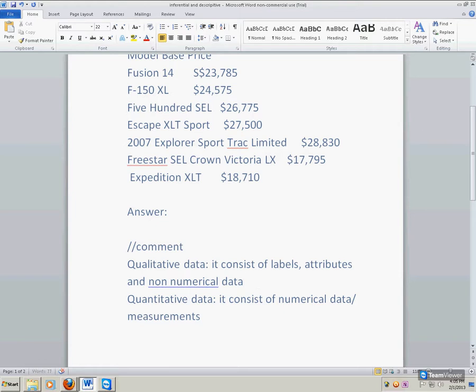Let me give you an example so that it will make answering that question very easy. Example would be eye color. Eye color is qualitative data. Political party.